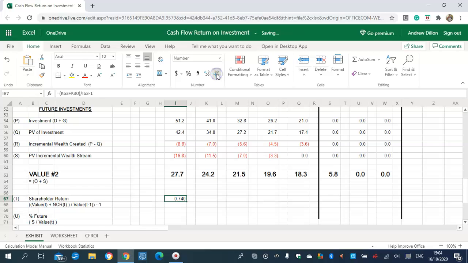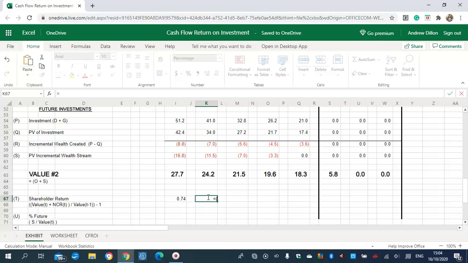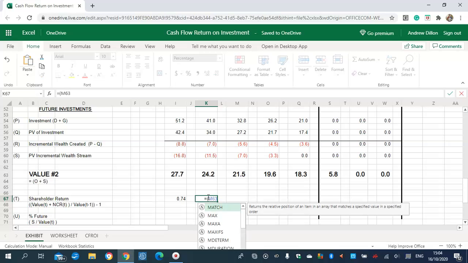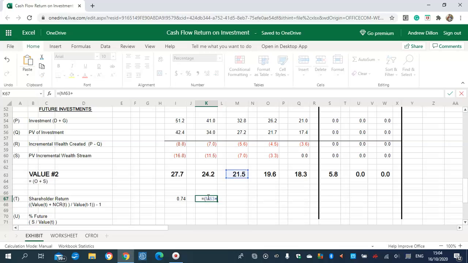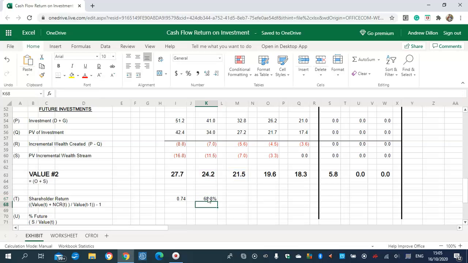Basically, it's 0.74. That's the answer. So the next one is equals M63 plus M30 divided by K63 minus 1. So the percentage answer is 68.8%.